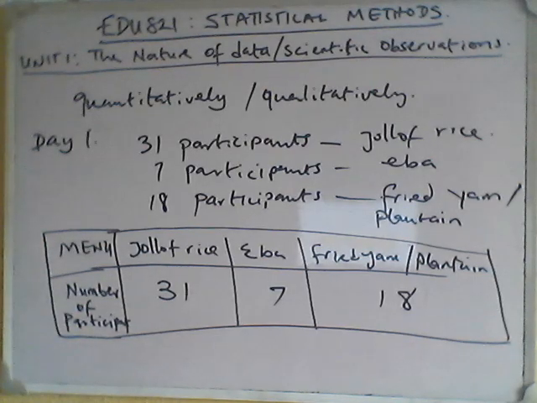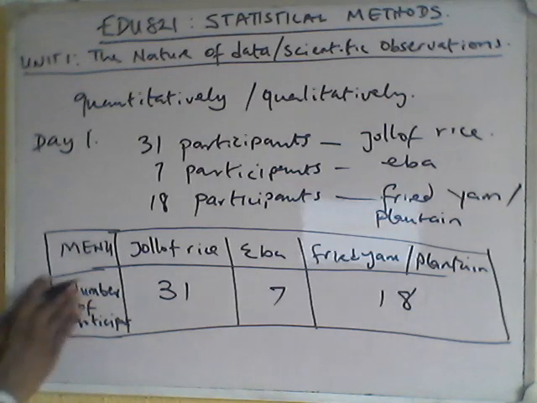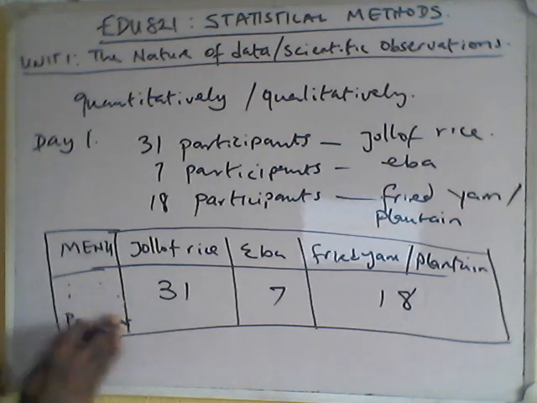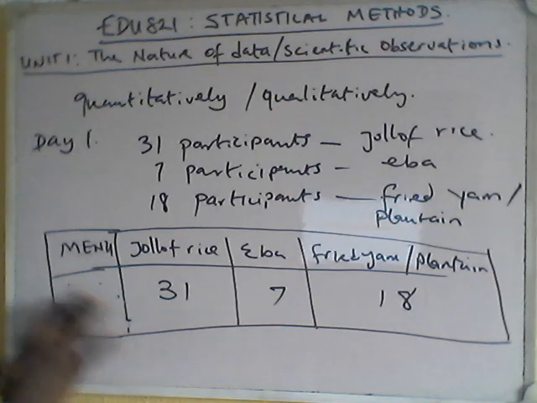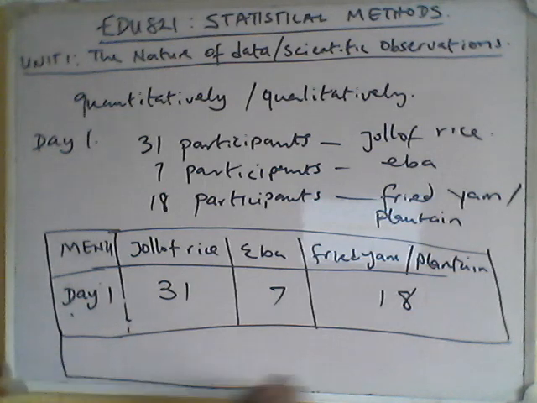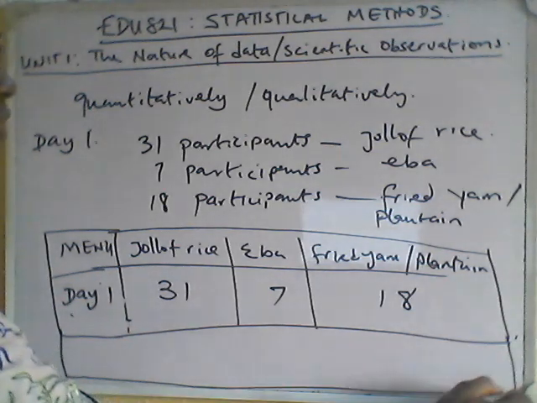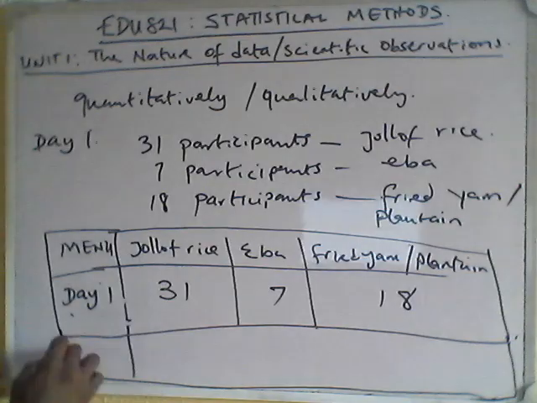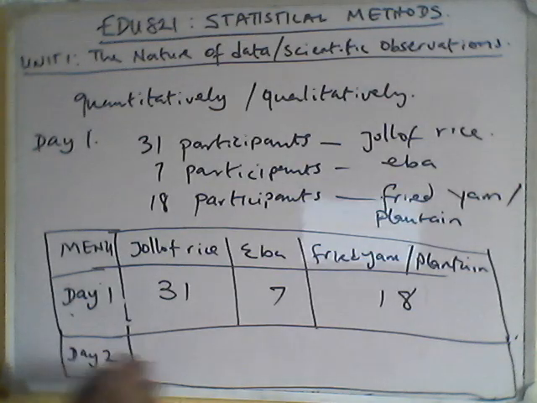If, for instance, on the second day of the conference, we now have this, I can change this one to day, and say this is for day one. At day 2, I now have another set coming like this.